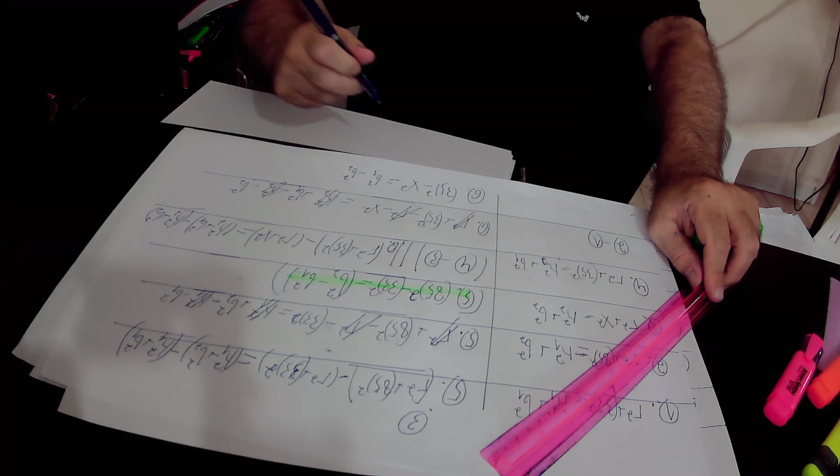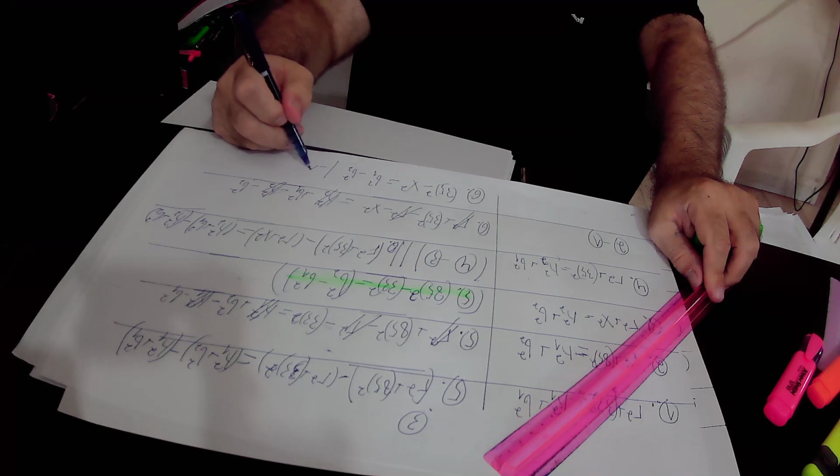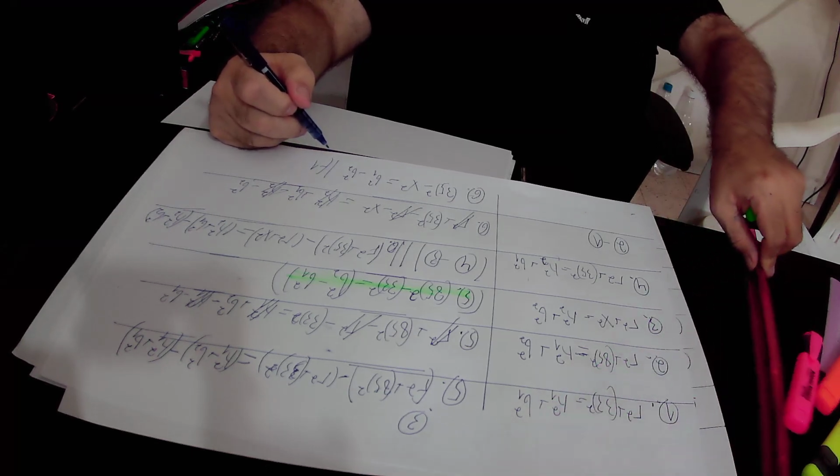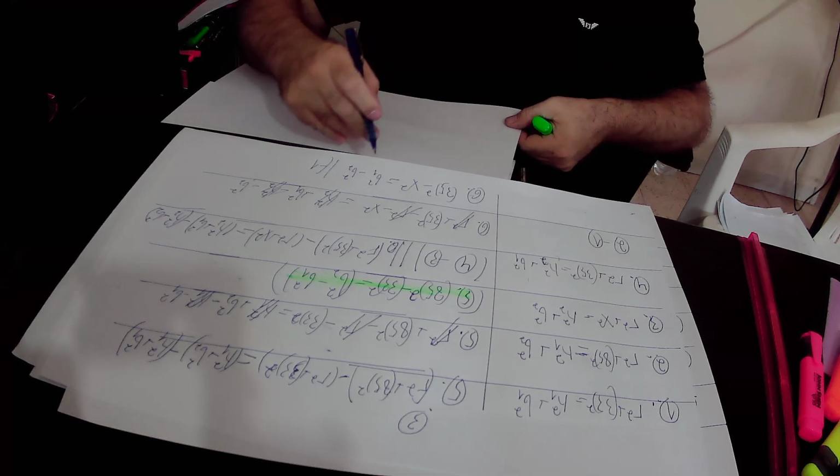In the next step, we multiply equation number 6 by minus 1.